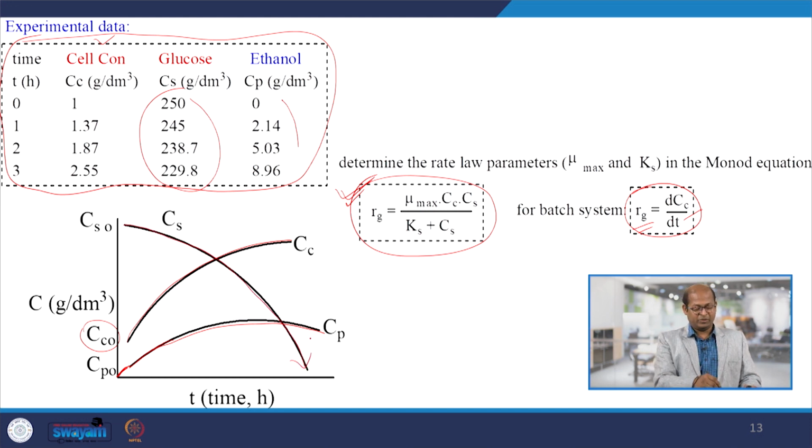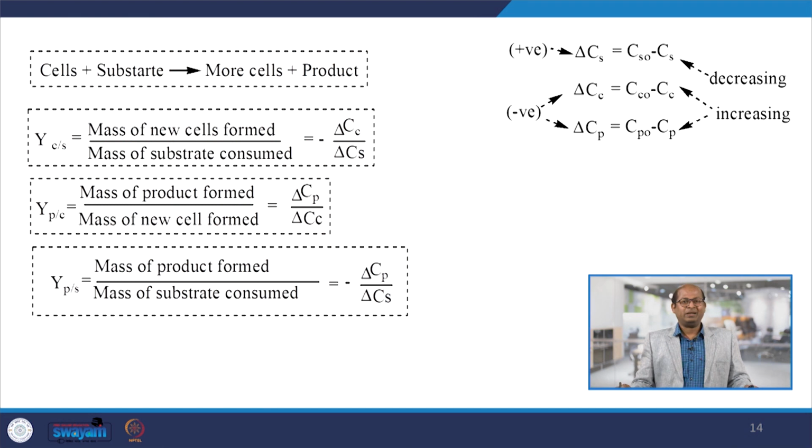This is what the table signifies. So, we have the Monod equation, or these rate equations in terms of dCc by dt. Now, we have to find the yield.